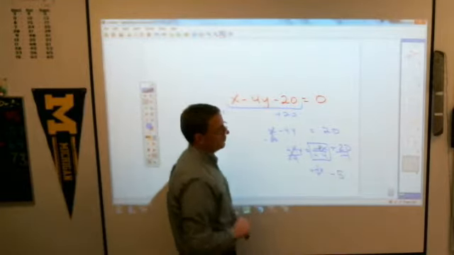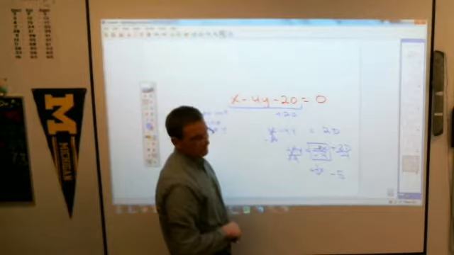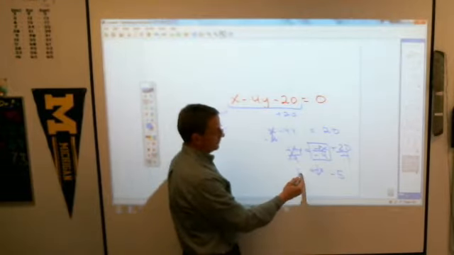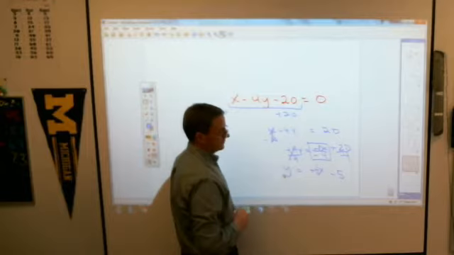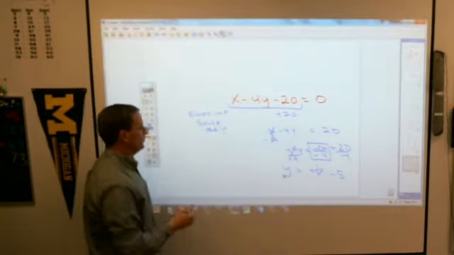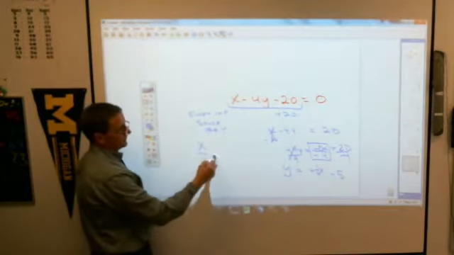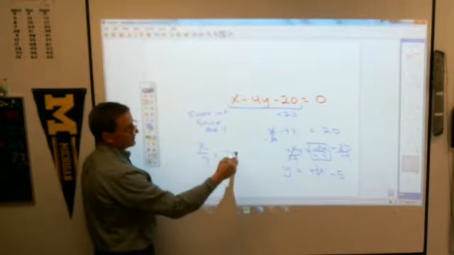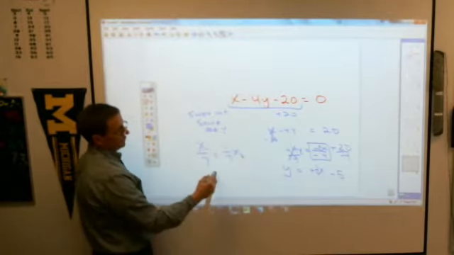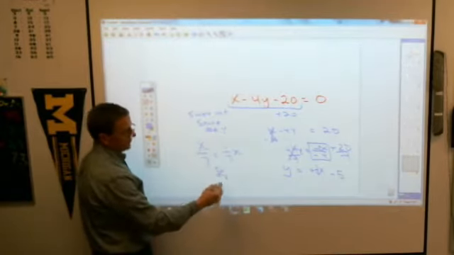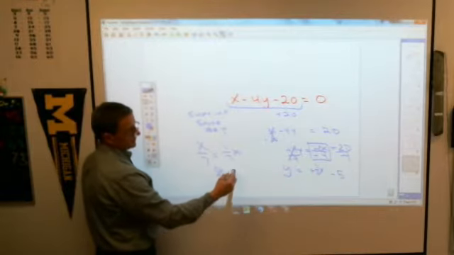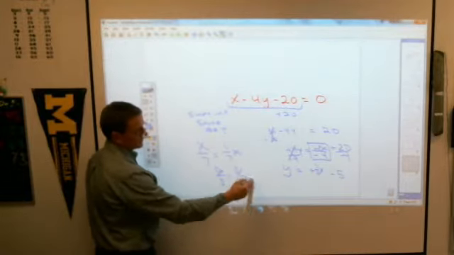You don't want to put x over 4 because that doesn't really fit into our scheme of things, even though that's the same thing. Just remember, if you have x over 7, that's the same thing as 1/7 x. You have 5x over 3, that's the same thing as 5/3 x.